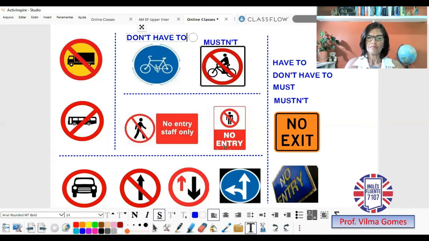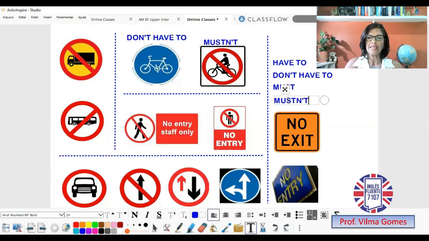E aqui? Parecido, né? No entry. Certo? Então, aqui a proibição em relação à entrada. Entrada de quem? Em relação a pessoas aqui, certo? Porque as indicações, os avisos, são para as pessoas. Então, presta atenção nessa aqui. No entry.